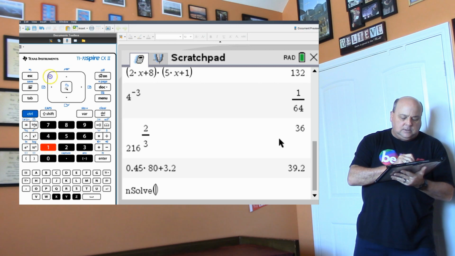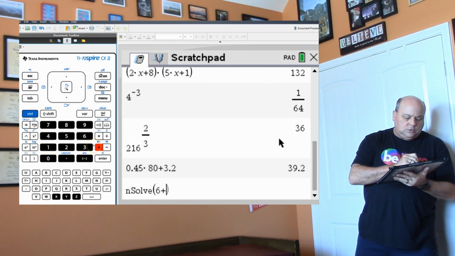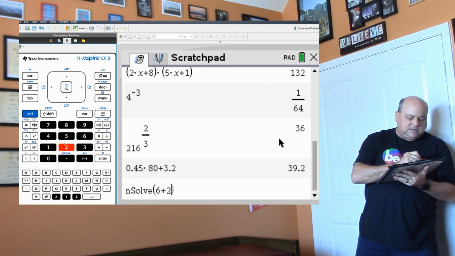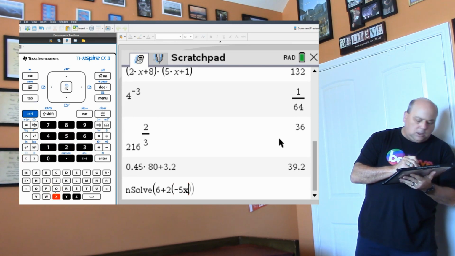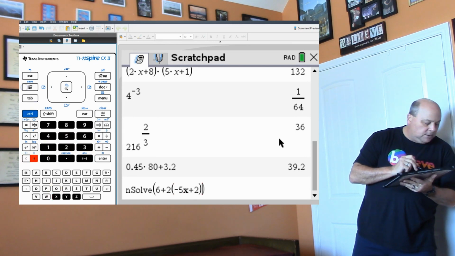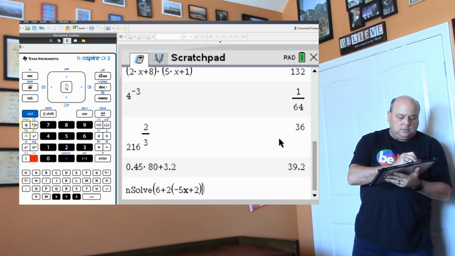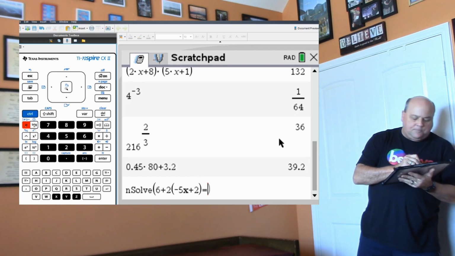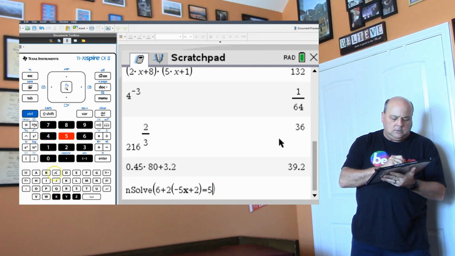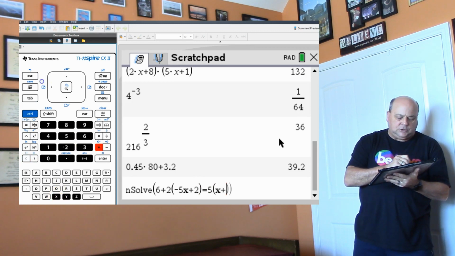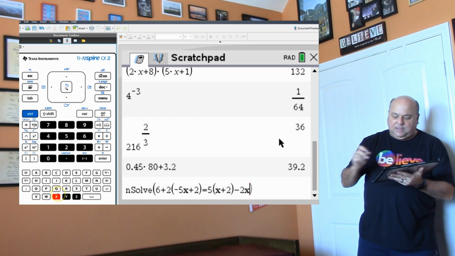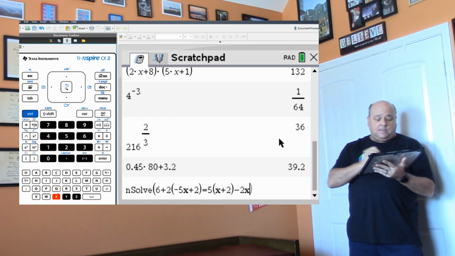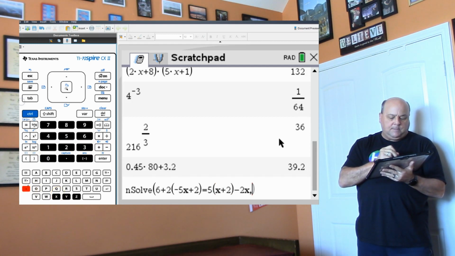So 6 plus 2 parentheses negative 5x plus 2 close parentheses equals 5 parentheses x plus 2 close parentheses minus 2x. And then remember, at the end, you got to put comma x.